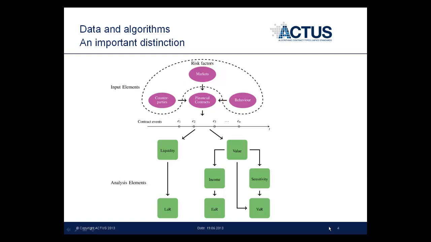However, given a state of the risk factors, which means that these factors are set, so there is a market condition, there is counterparty information, and there is behavior, all is set. Given that, the expected state contingent cash flows depend solely on the agreement.